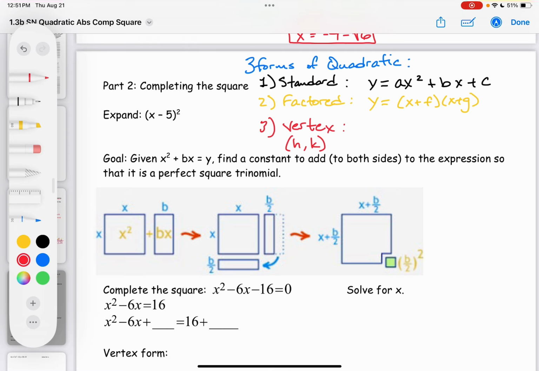It could be a maximum, it could be a minimum. This form of the equation is written as y equals a times (x minus h) squared plus k. Your h and your k give you the vertex of your parabola.